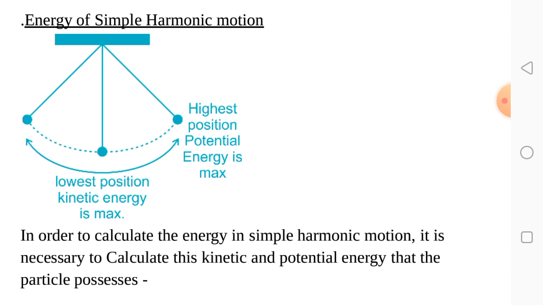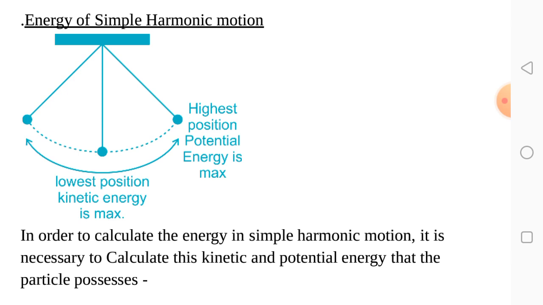The highest point at your right hand is where the object has maximum potential energy. Therefore at this point the kinetic energy is equal to 0, and there is no velocity or movement there, so the velocity at this point is also 0.